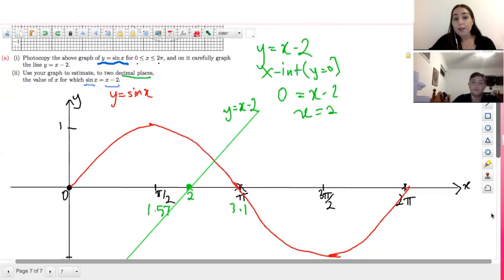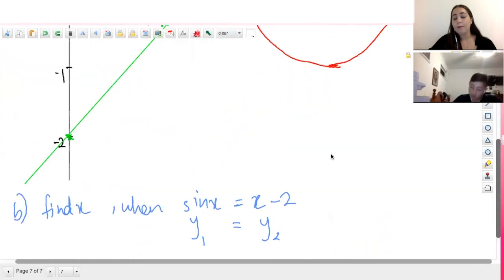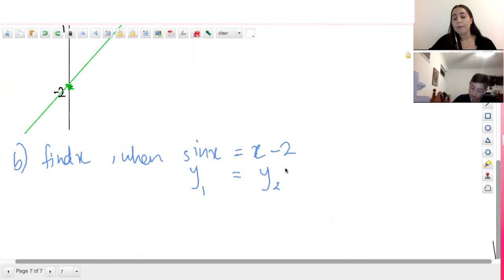Once we equate those two functions, we're finding the point of intersection. Now, in order to solve for x, we can do it two ways in maths. You can do it algebraically, by making x the subject of the equation, or you can do it through graphs. If I gave you an equation like this, it'd be really hard to solve algebraically, which is why we have the first part.